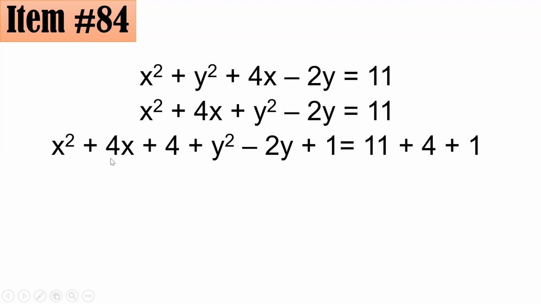So 4 divided by 2, that's 2. 2 squared plus 4 here. But remember, to maintain equality, we applied what we call the addition property of equality. That is, whatever number added on the right-hand side should also be added on the left-hand side to maintain equality. So nag-plus 4 po ako sa left. That's why nag-plus 4 din po ako sa right.